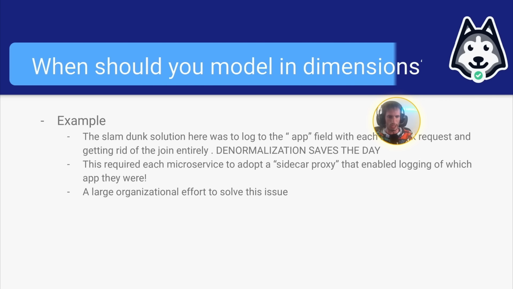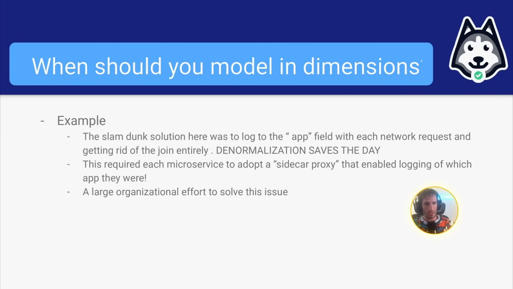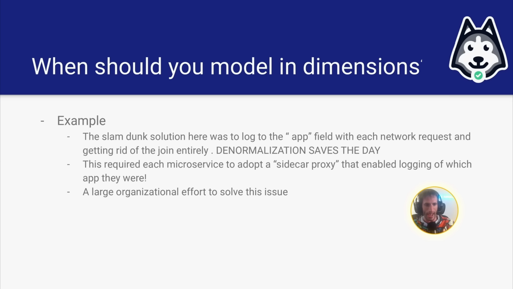So what we needed to do was not do that join. Instead, we needed all of the apps to just log their app. Every time a network request happened, we just needed to log which app it was receiving. So instead of having to do this join, the app would just be in the network request data itself.